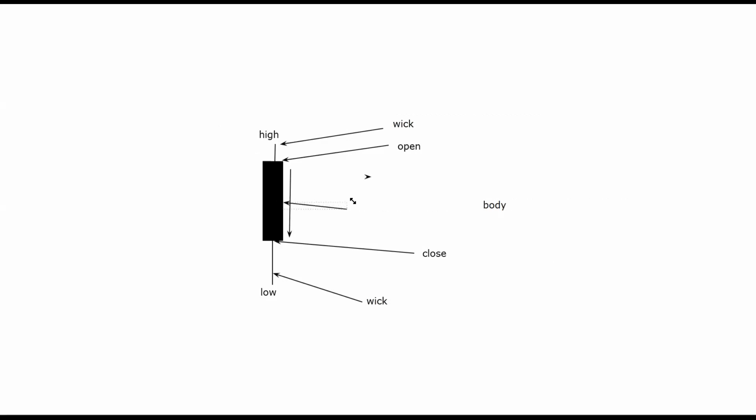So now, identifying the properties of this candle, its main property is looking at where price opened and where price closed. So when you have this, it tells us that we have what?